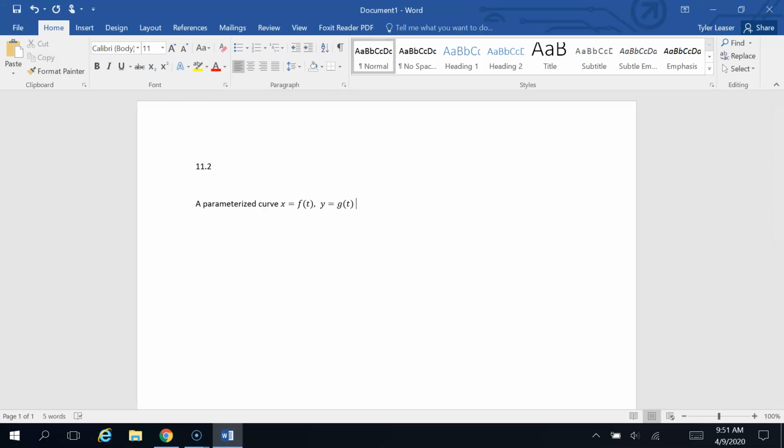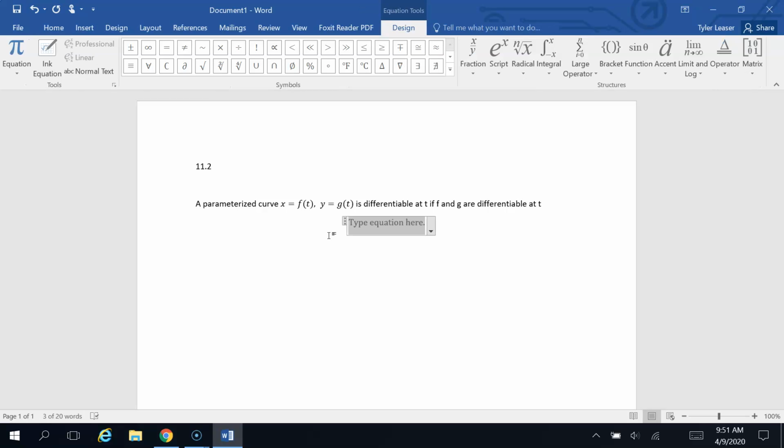Okay, so our parameterized curve x equals f of t, y equals g of t is differentiable. In other words, you can take a derivative of it at t if f and g are differentiable at t. So you can take the derivative of the parameterization as long as the parameter functions themselves are differentiable. And to do it, it's going to be a bit of a chain rule.